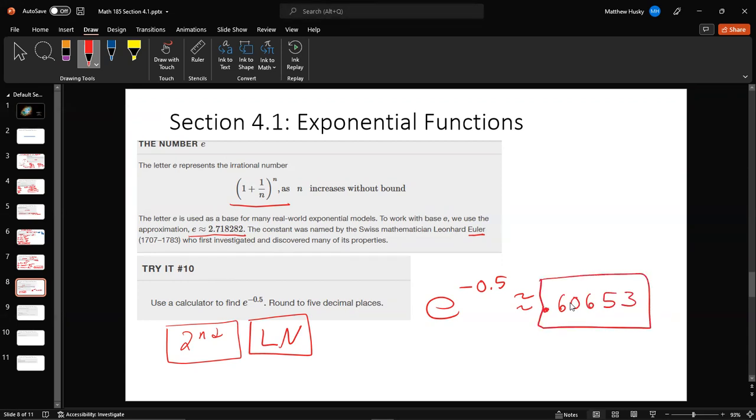Again, know how to do that with the specific piece of technology that you're using. And these kinds of questions on your exam, everyone should get these right. This is as easy as it can get. You just type something in a calculator and see what it gives you. But there you go. That's e to the negative 0.5 power.